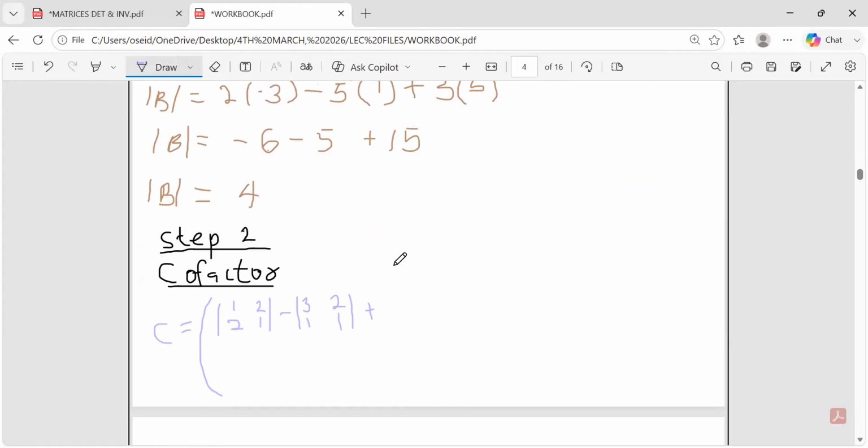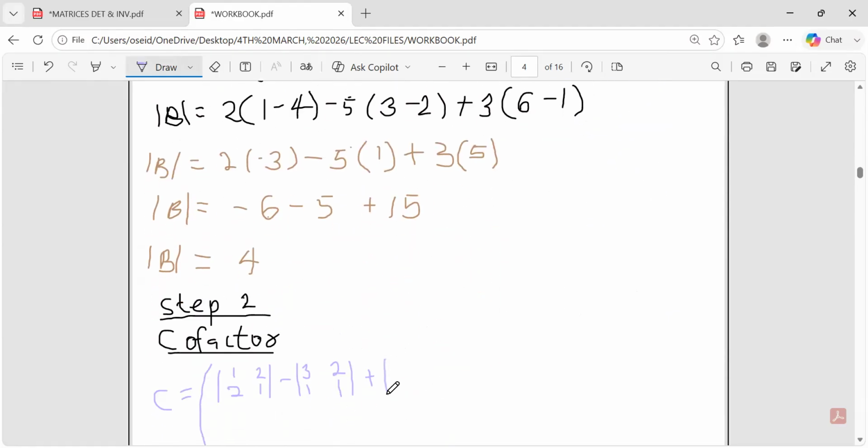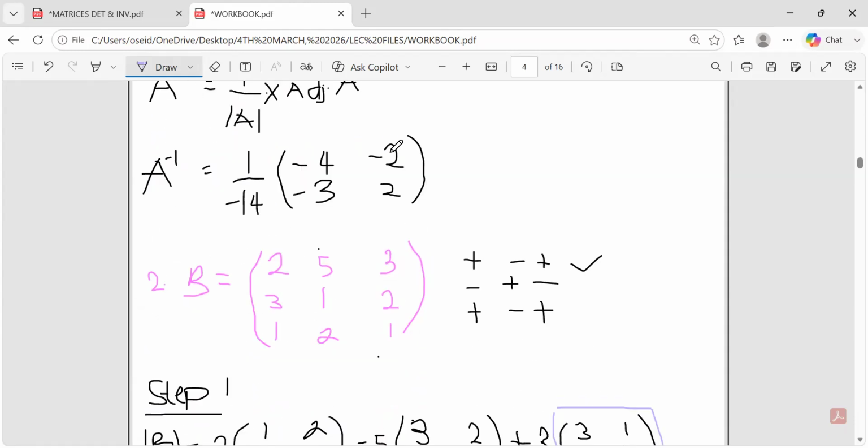So we are going to get 3112, plus 31, 1, 2, bracket close. Then we move on to the second row. So for the second row, we are going to use this.